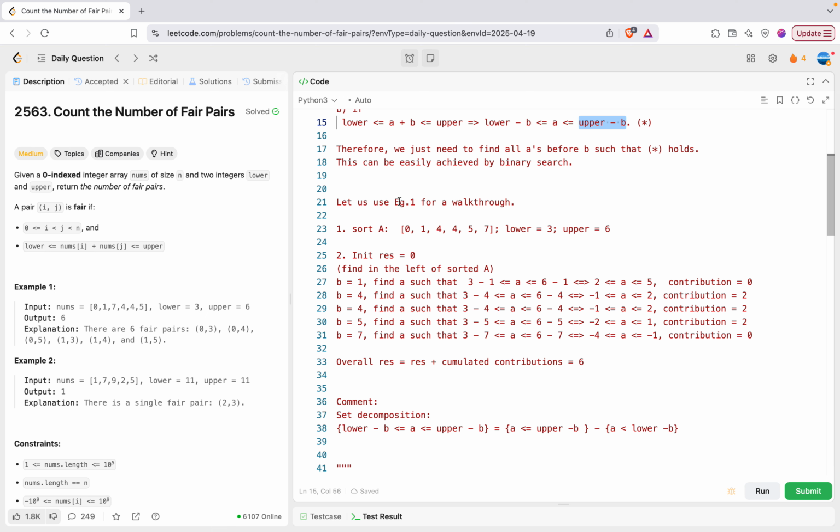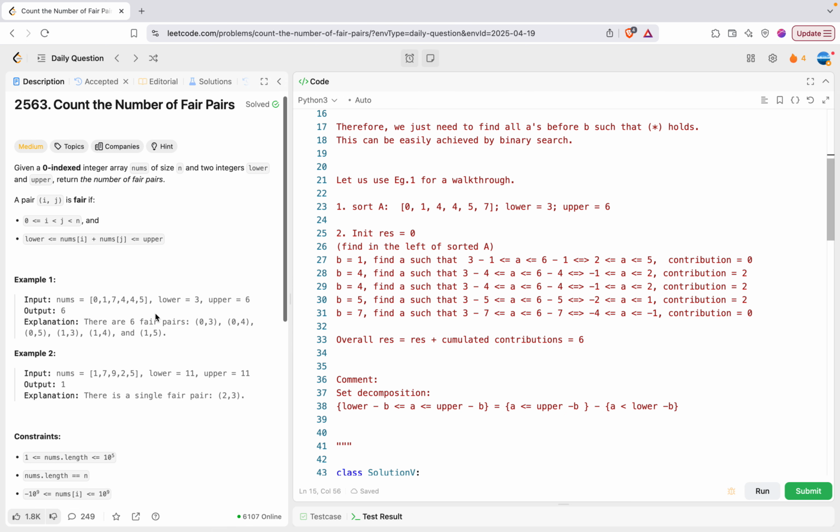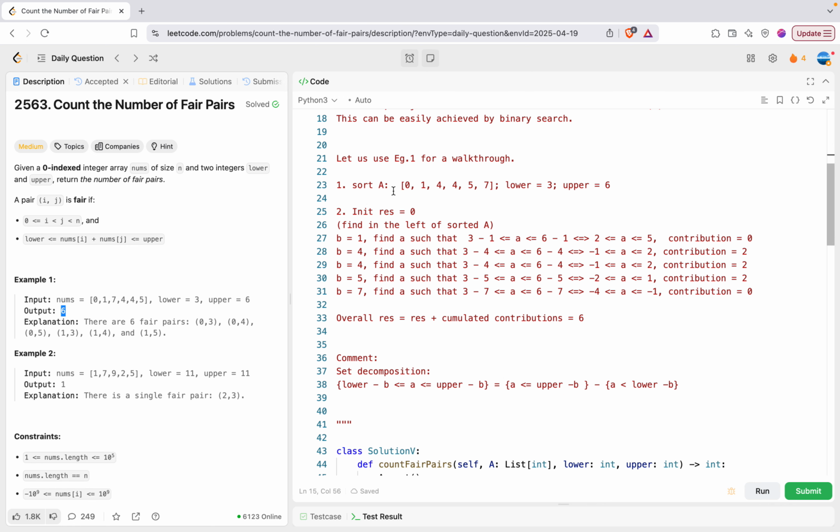Here is a walkthrough for example 1 to see why the answer is 6. Typically you can just walk through these examples naturally, but now let's put it in algorithm format. First we sort the array. The lower is 3 and the upper is 6.